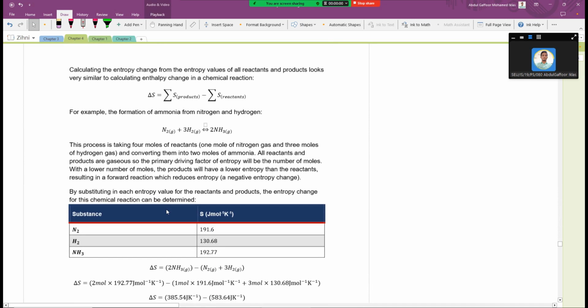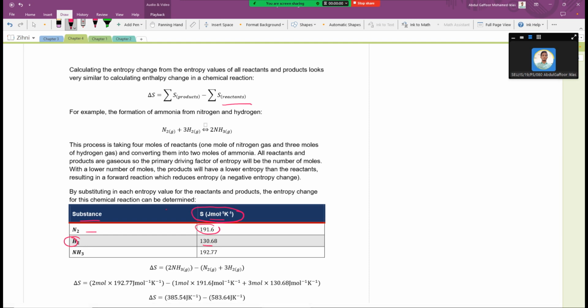Right, now delta S is equal to the summation of S of products minus the summation of S of reactants, right? Now you see, for the substances they have given S, and you should remember the unit of this entropy. For nitrogen this is 191.6, hydrogen 130.68.